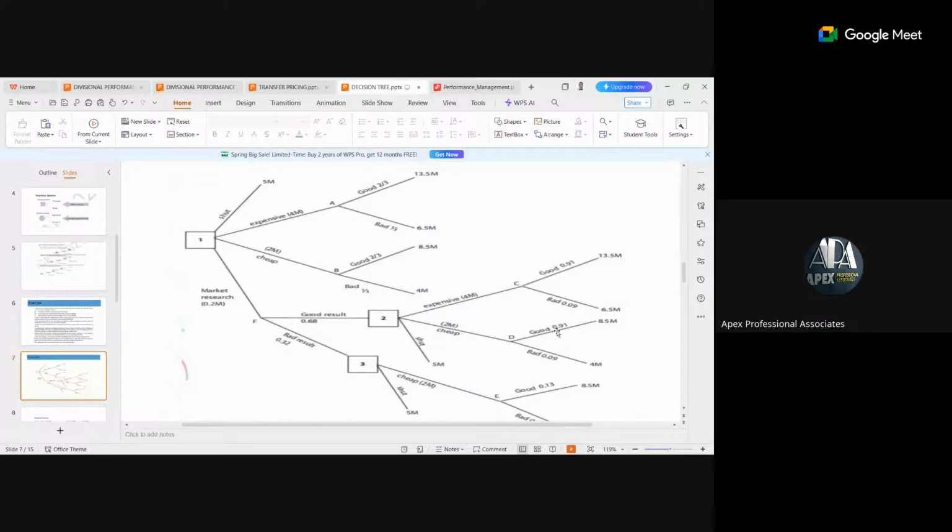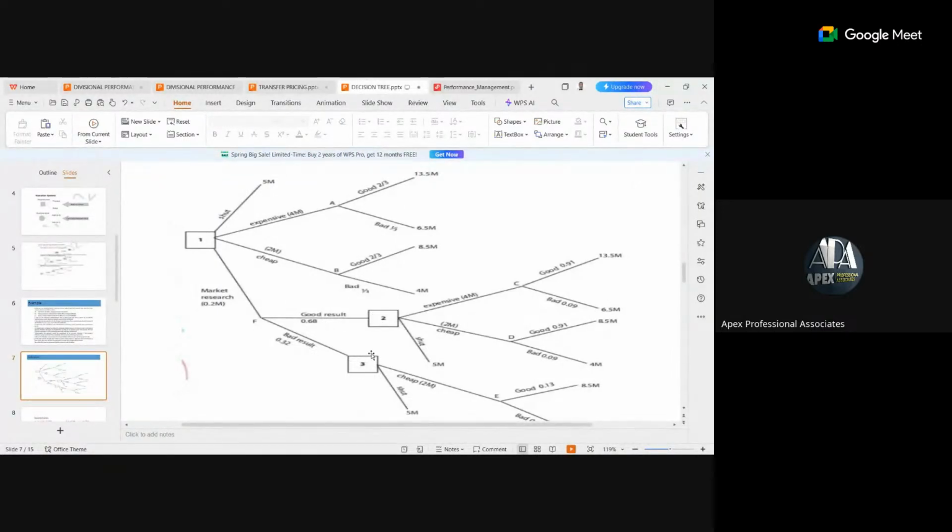And the associated probability would be 0.91. The yield is stated in the question. So when it is good, 8.5. When it is bad, it's 4 million. In the case of shutdown, you don't have any choice to make. You shut down, and that is it. So this is in the case of a good research outcome.